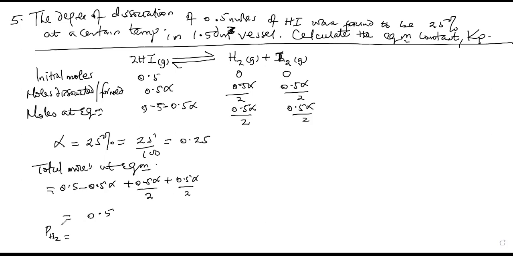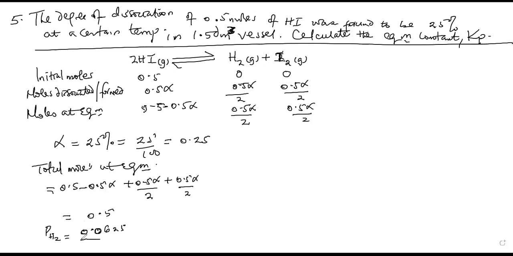Then multiply by the pressure. So for the moles of hydrogen, because you have the value of alpha already, we have 0.5 alpha over 2 for hydrogen. If we multiply 0.5 by alpha, then divide by 2, we shall have 0.0625.